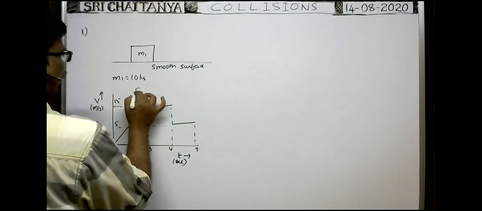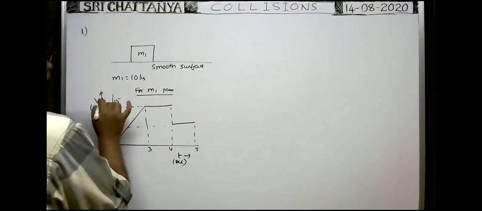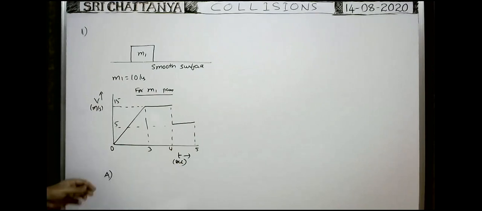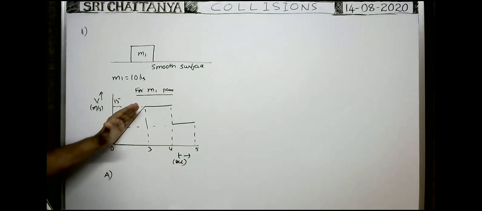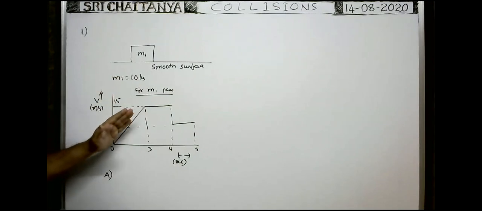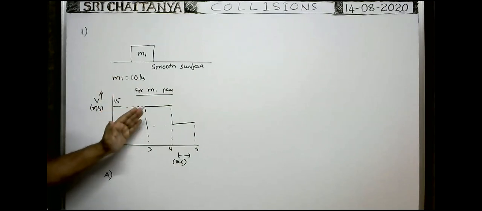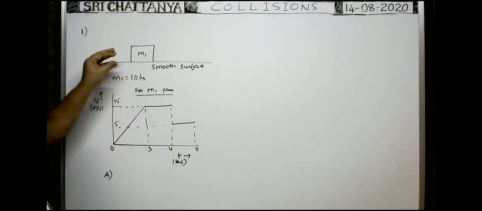For m1 mass, how the velocity of that body varies with the time is given like this. Because of application of force, the velocity of the body goes on increasing up to 3 seconds. Here up to 3 seconds, the velocity time graph of this body is a straight line having positive slope. That's why up to 3 seconds it travels with some acceleration, and that's why up to 3 seconds it experiences the force.